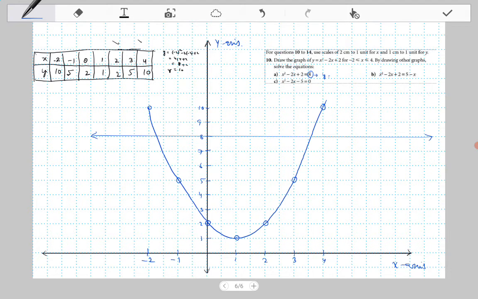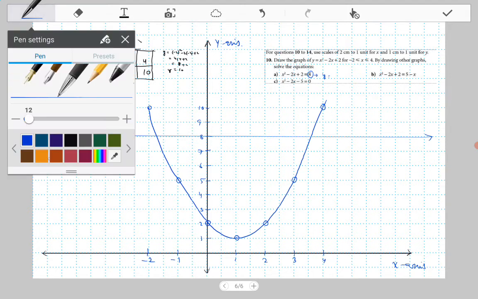Although you can restrict your graph up to these values which correspond to the interval in the question, it is also allowed if you stretch it. That's not a problem. It's not actually penalized, right? So my graph is going through these two points.